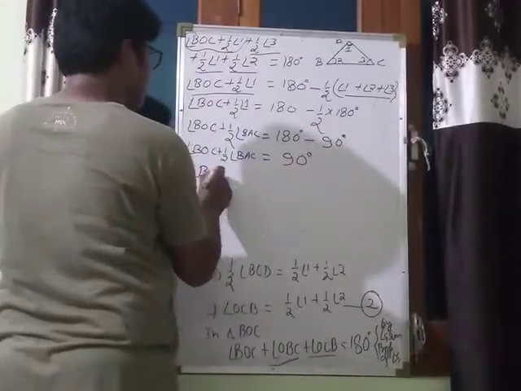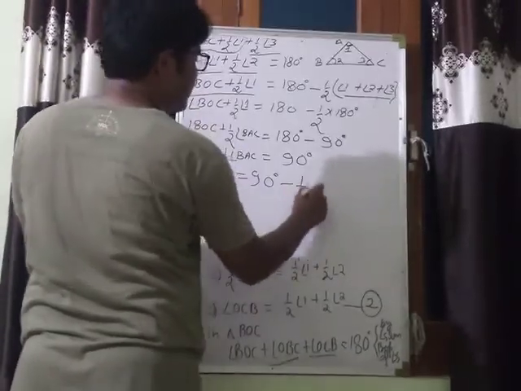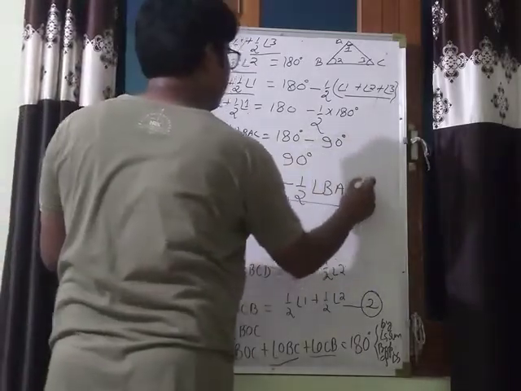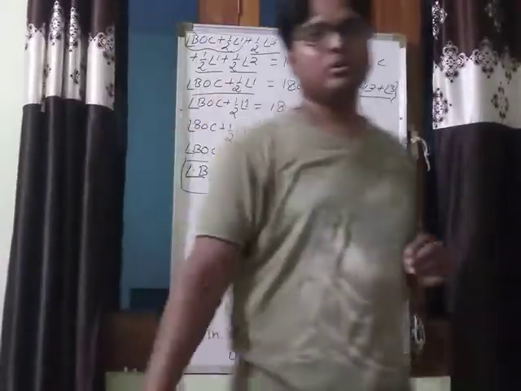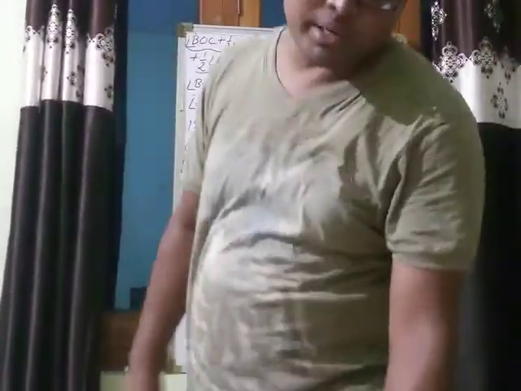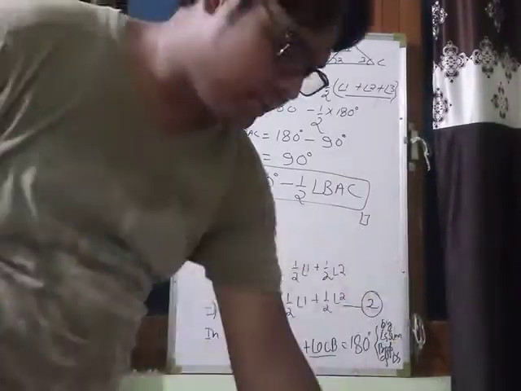Clearly, angle BOC will be equal to 90 degrees minus half of angle BAC, which we wanted to prove. That's a very important example for you. See carefully. Now I am going to solve questions of exercise 6.3 from NCERT.